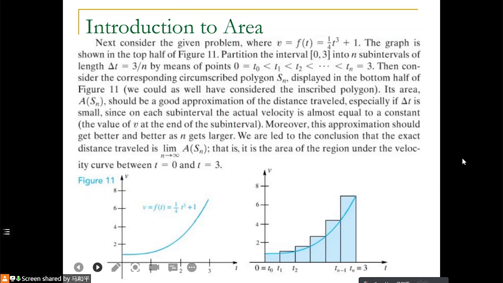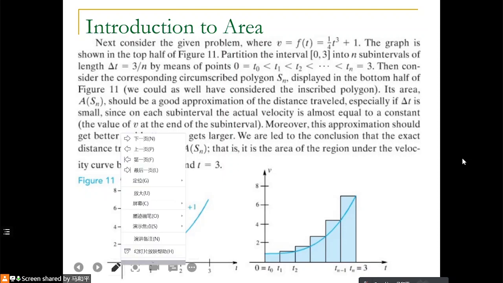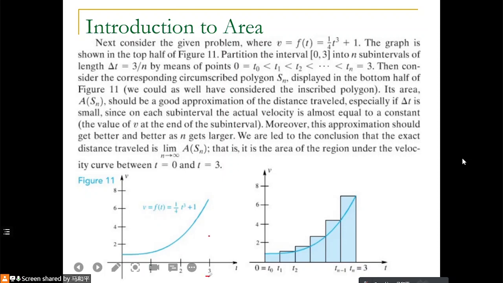We partition the interval [0, 3], from time 0 to 3, into n subintervals of length delta t equals 3 over n by means of points t0 equals 0, t1, t2, up to tn equals 3. Then we consider the corresponding circumscribed polygons S_n displayed in the bottom half of figure 11. This is the first rectangle, second rectangle, third one.